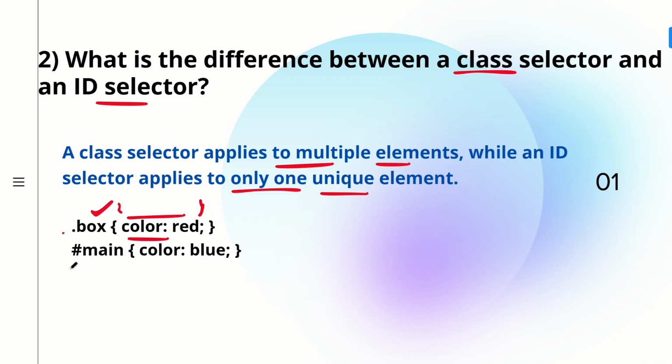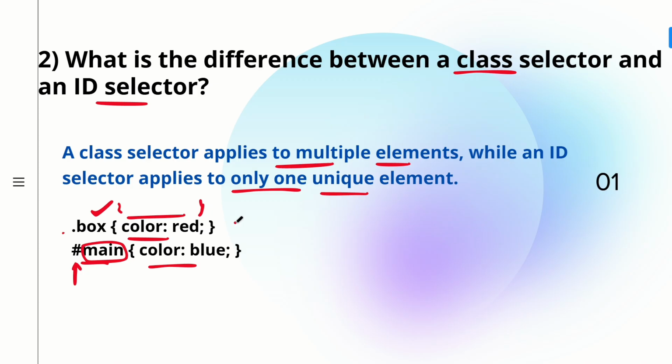And if you want to make use of the id selector, you have to use the hash symbol, and after that you write your id. So this id main will be referring to your element which has id equal to main. Whatever id keyword you have written for your element, in your CSS file you just write hash and then your id name, and then you can give the color.